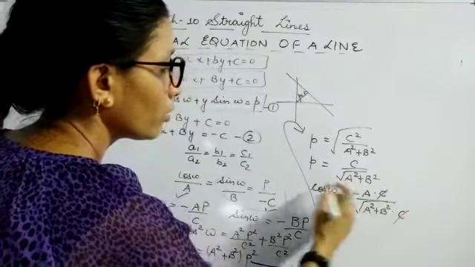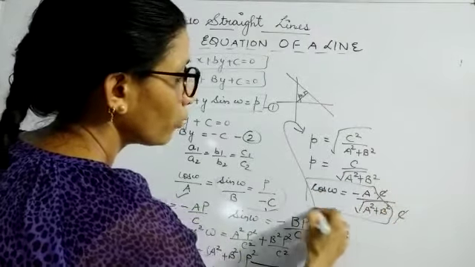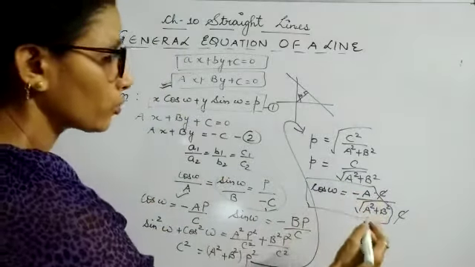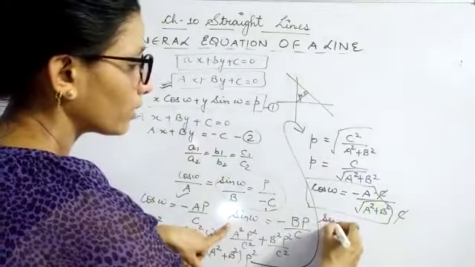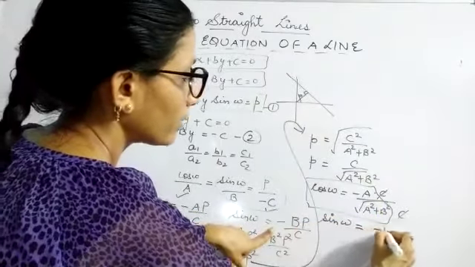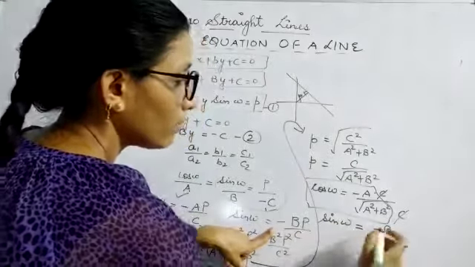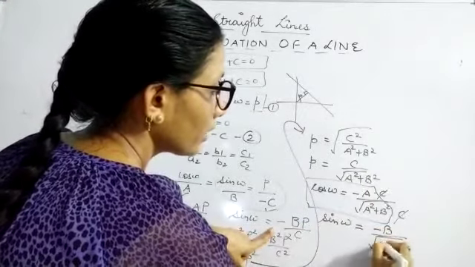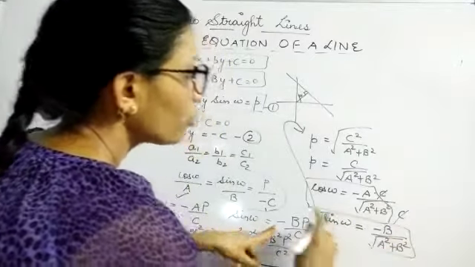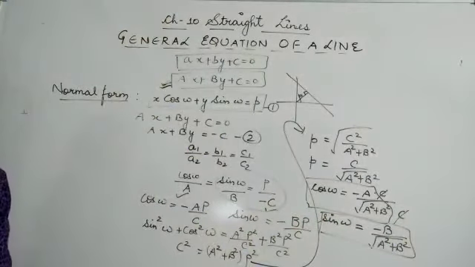So c and c cancel. You will get the value of cos omega as minus a upon root a square plus b square. Similarly, if you put the value of p in sin omega, you will get minus b upon root a square plus b square, with c and c cancelling. So these are the values of cos omega and sin omega here.